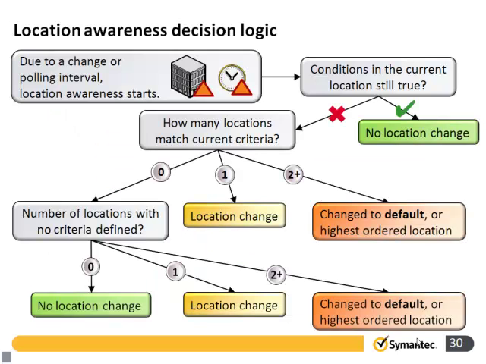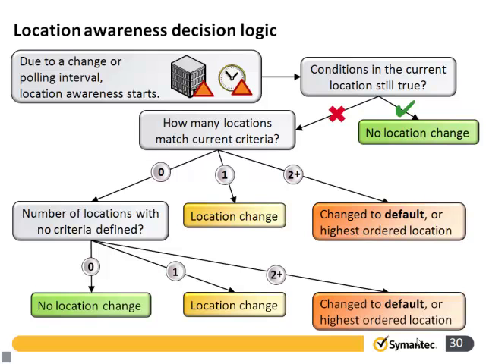So the location awareness decision logic. Here we have at the top, due to a change or polling interval, maybe a location awareness is started. What it will check is, are the conditions still current or location still true? If it is, then there will be no location change. If something has changed, it will then say how many locations match the current criteria.